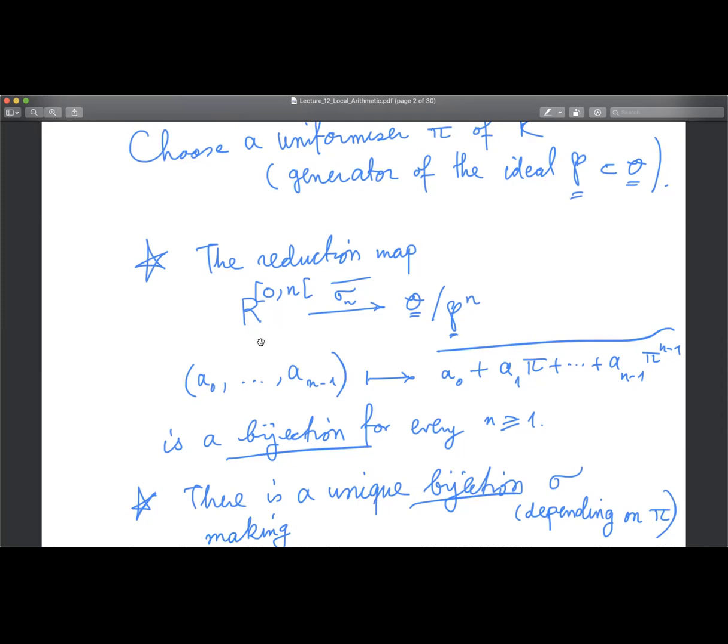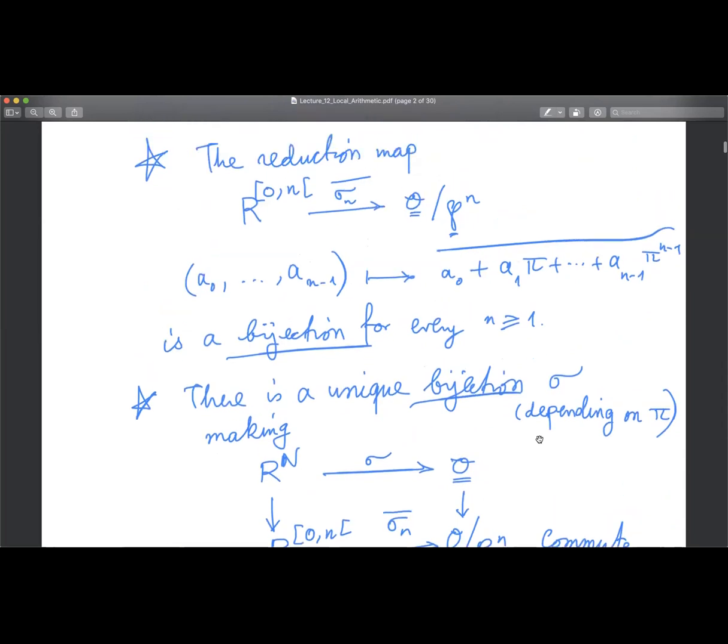The thing on the left is at most a multiplicative monoid. But forget about the monoid structure. Let's just look at R as a set. Then you have these sequences of elements of that set, and such a sequence is sent to this element of O modulo P to the n. The claim is that it's a bijection for every n.